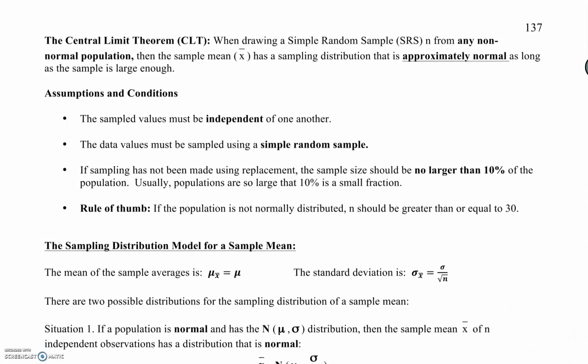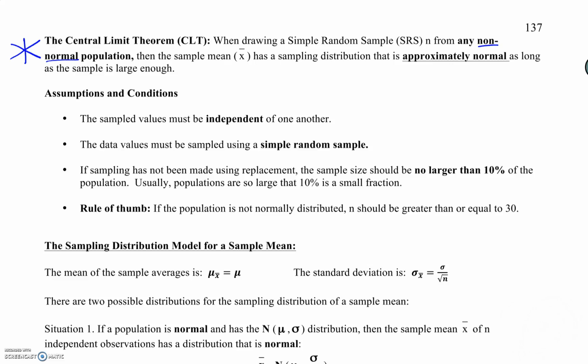So we have the central limit theorem. This is an important new idea that basically just says, in statistical jargon, what we just confirmed: when you're taking a simple random sample of size n from something that is non-normal, so in the example of our dice, that discrete uniform, then the sample mean has a sampling distribution that is approximately normal.